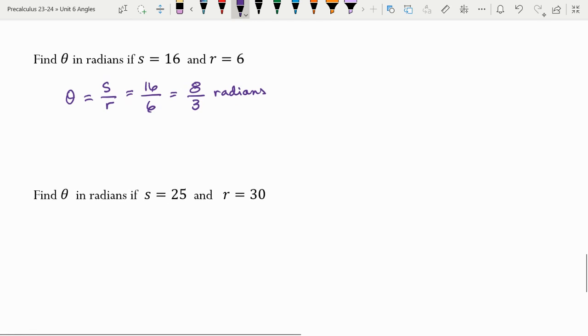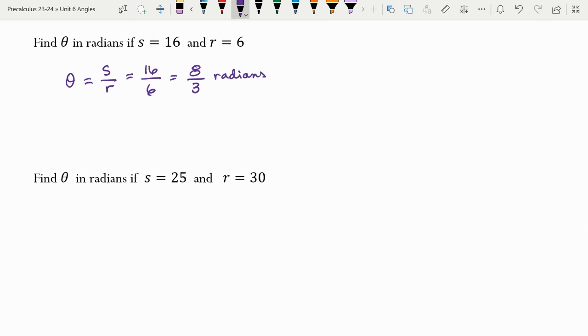What if we knew the arc length was 25 and the radius was 30? Go ahead and try and find that angle. Pause your video. So again, we're going to take the angle equals the arc length divided by the radius. So I have an arc length of 25 and a radius of 30.